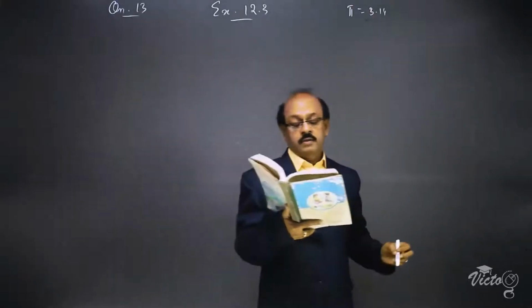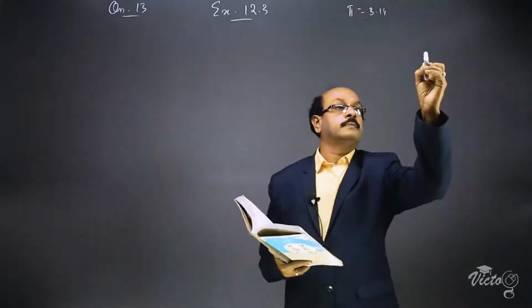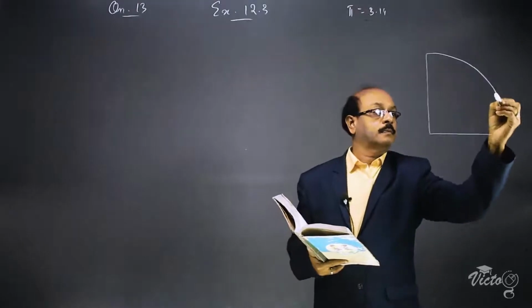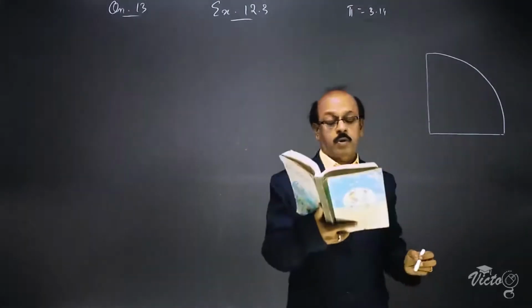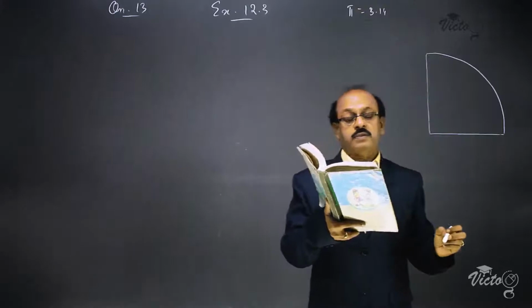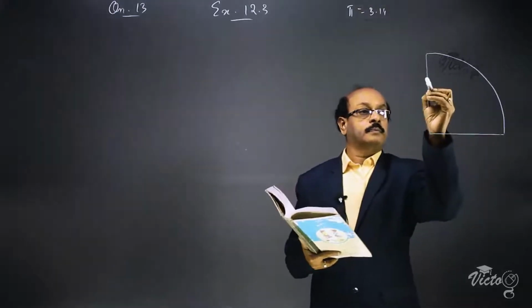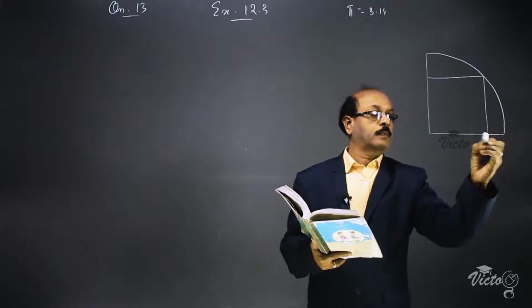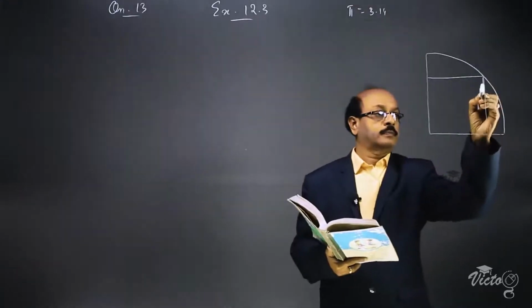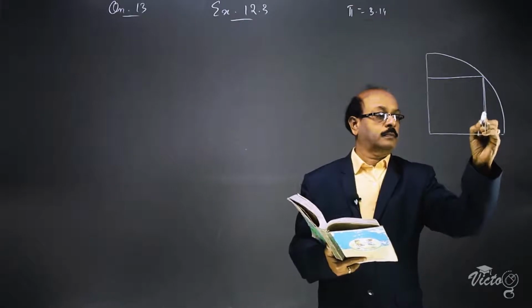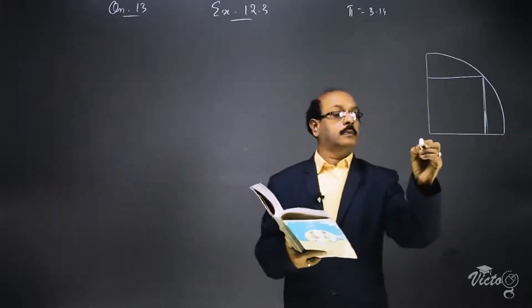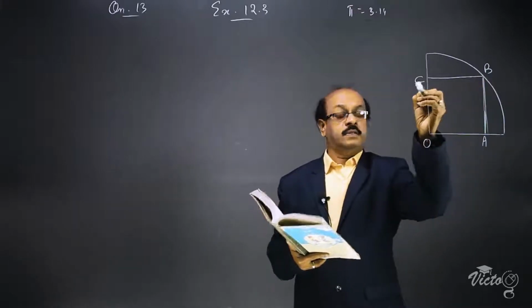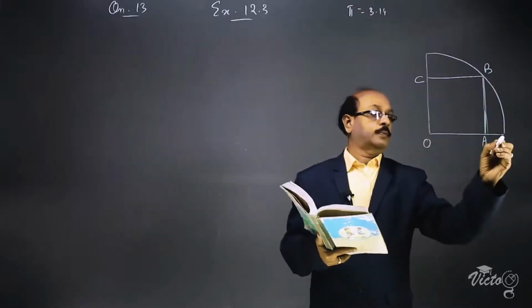The figure given is a quadrant. This is a quadrant of a circle and a square. This is a square O, A, B, C. It is PQ.